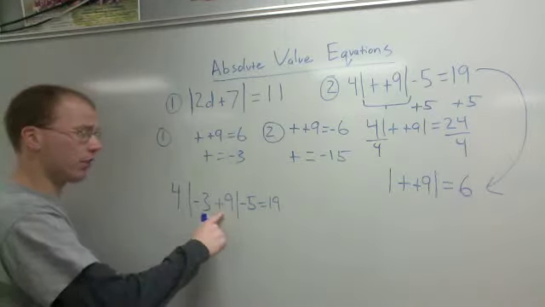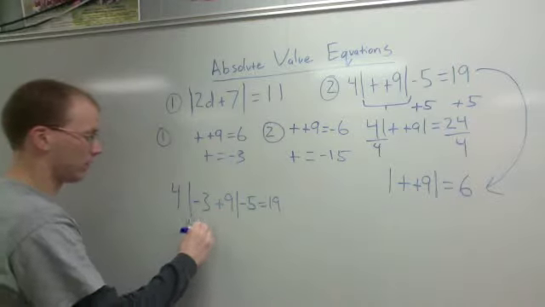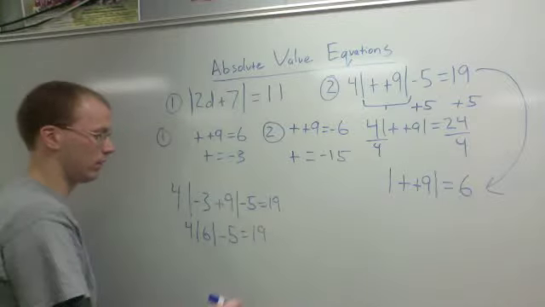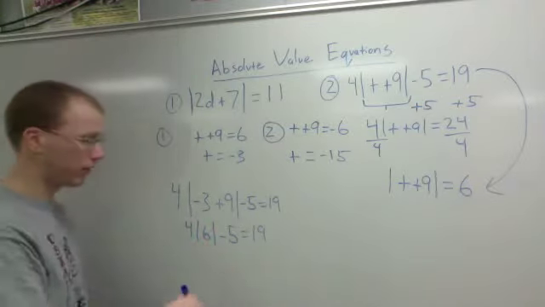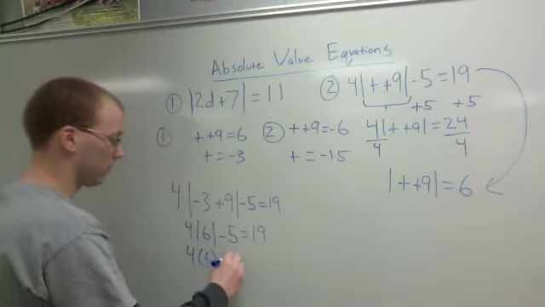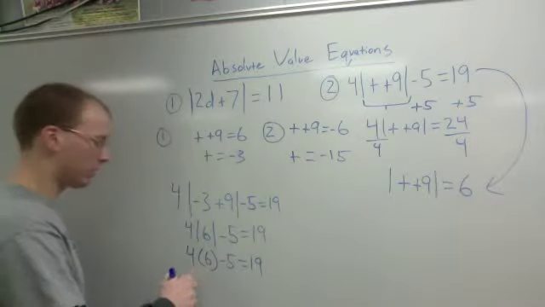So negative 3 plus 9 is 6. The absolute value of 6 is 6. Four times 6 is 24.